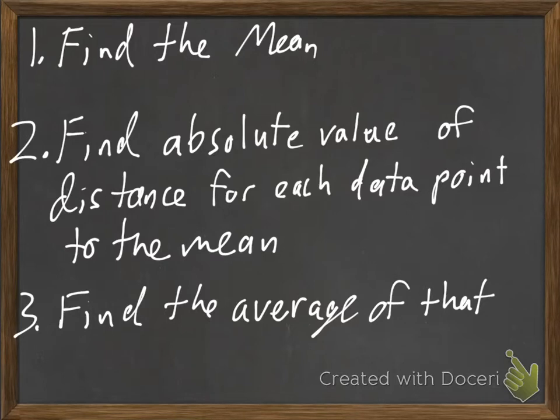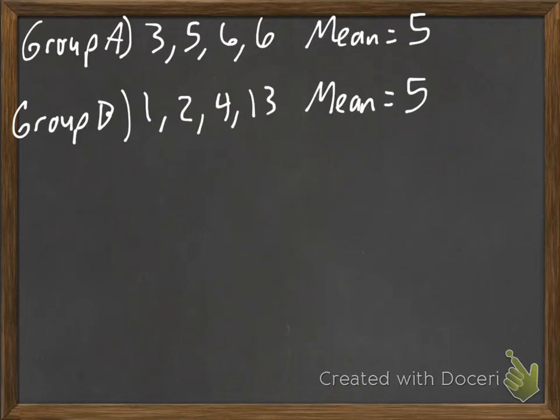So what we're doing is trying to figure out the average distance that each of these data points is from the actual mean. And realistically, we'd like them to be as close as we could. That would show that everything was fair in this case. If it's bigger, that means that there was a wide spread, which means in this scenario that the work wasn't split very evenly. So we're going to start with Group A.